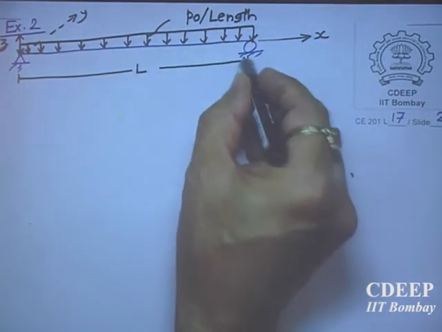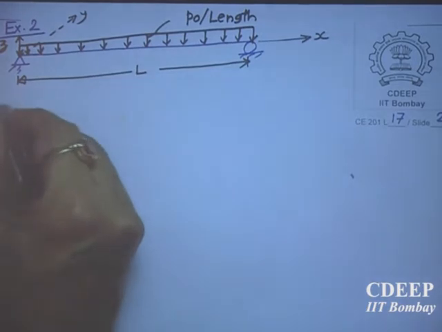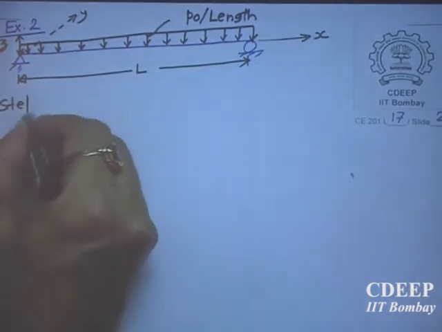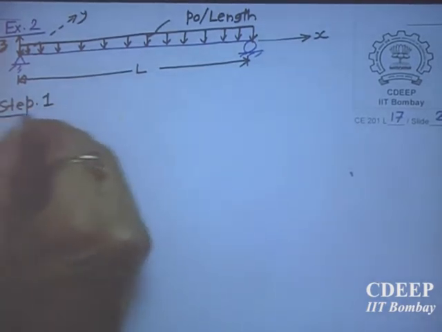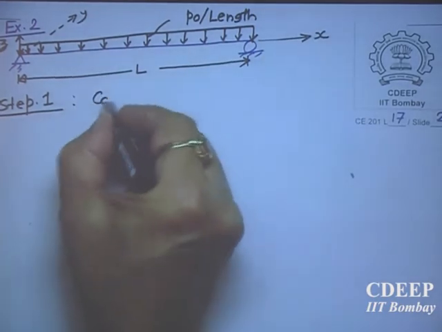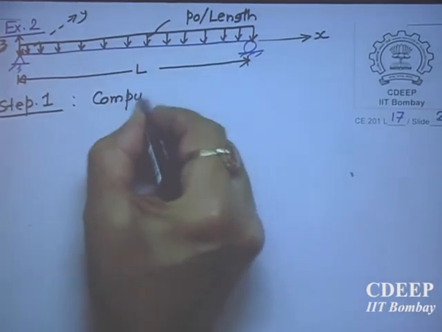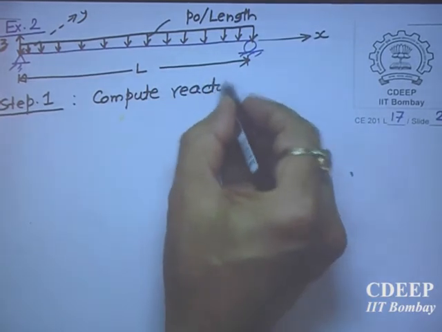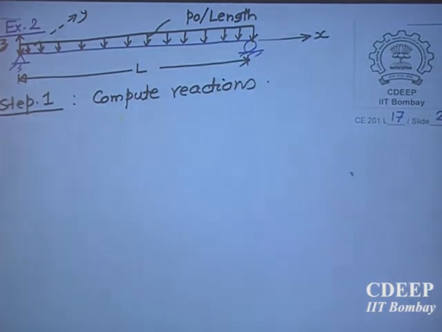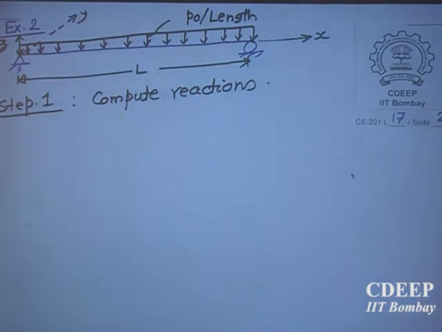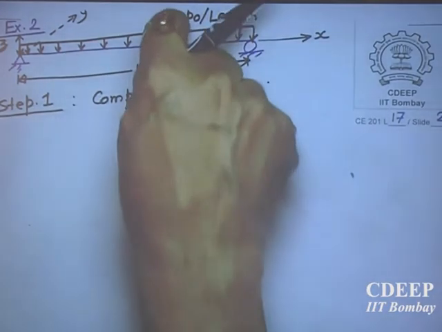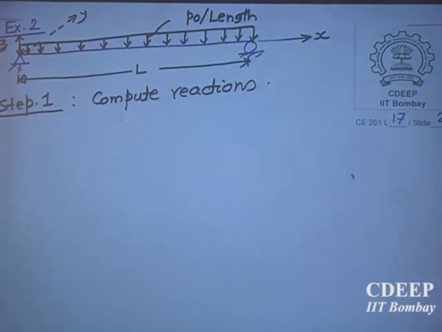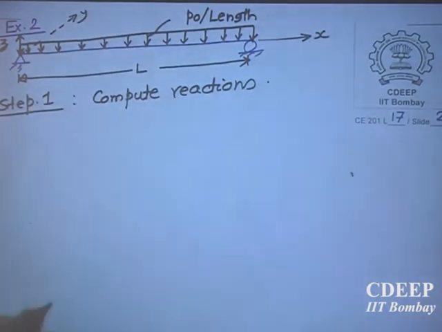So first is step 1: compute reactions. I don't want to complicate things by showing this P naught as negative, because it is downwards.